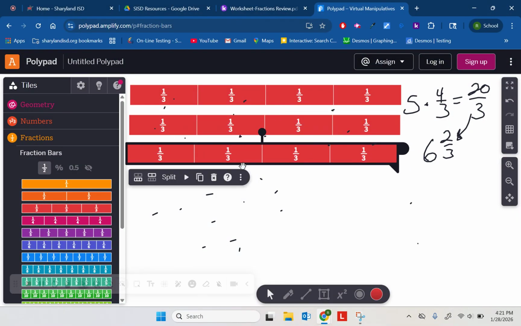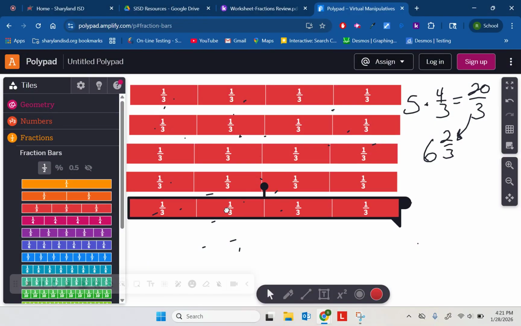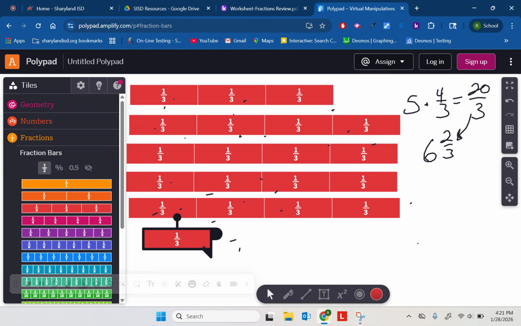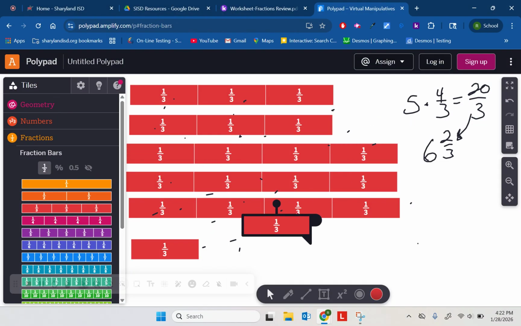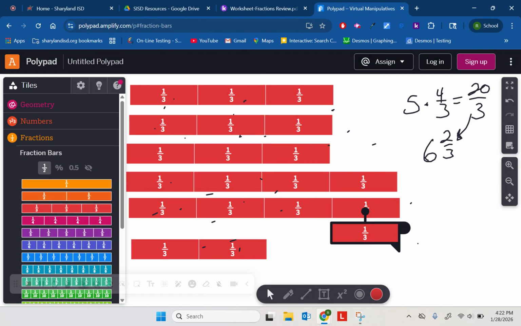And I need how many of these? 5, copy, 5. So if you have kids that are struggling with this, have them use these virtual websites. And this way they can start addressing their little weaknesses and little issues that they have and have that talk with them. See, I already got here 1, 2, 3, 4, 5, 6, and then the 2/3.